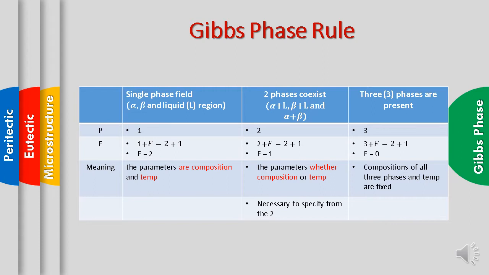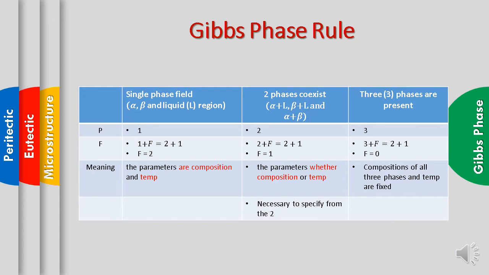in terms of the existing parameters by using the Gibbs phase rule, and also we will use the microstructure. We discuss microstructure if the temperature varies or composition varies, so that we need to determine the microstructure that exists in terms of liquid, solid, and liquid plus solid.